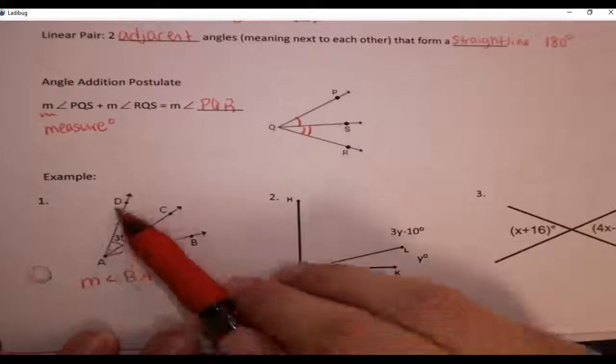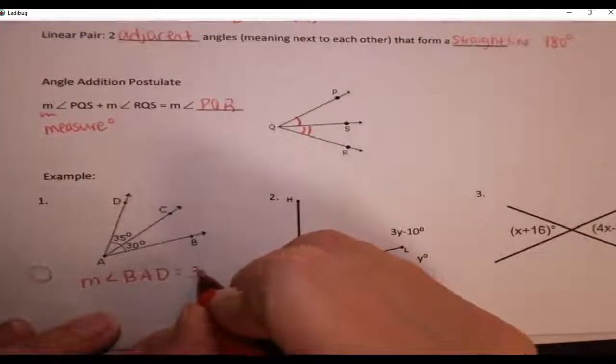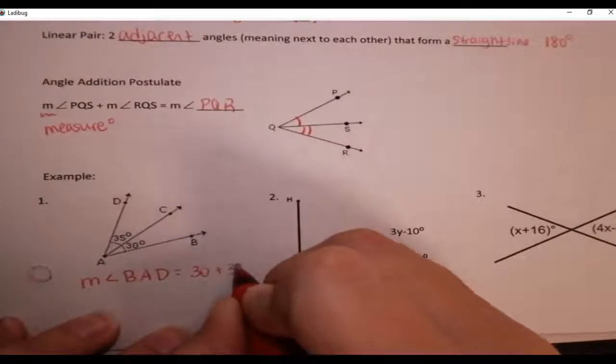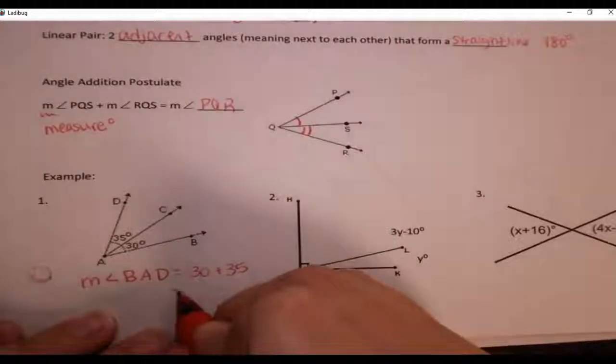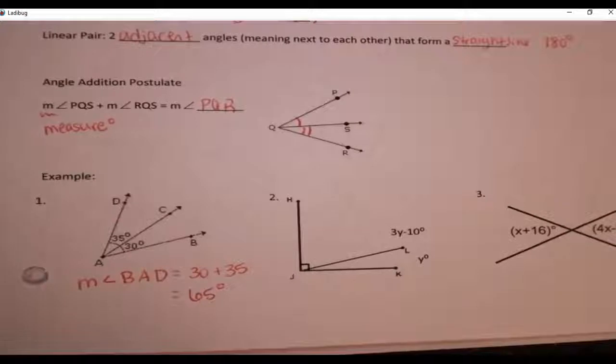BAD. 65. How do you know? Yeah, you just add them. So you just say 30 plus 35 is 65 degrees. Good.